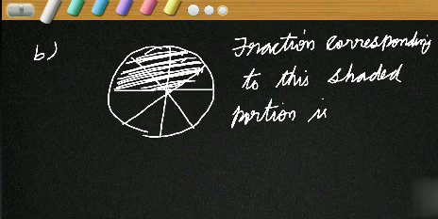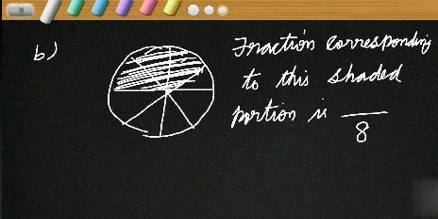Out of 8. The total whole has to be written down. As a whole, how many parts are there? Yeah, 8 parts are there. Out of which how many are shaded? Yeah, 3 only are shaded.